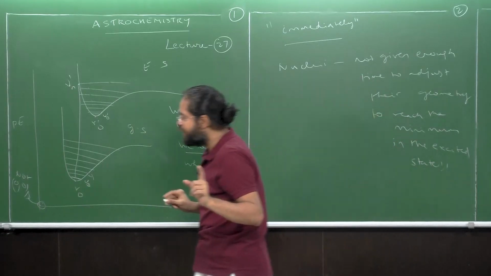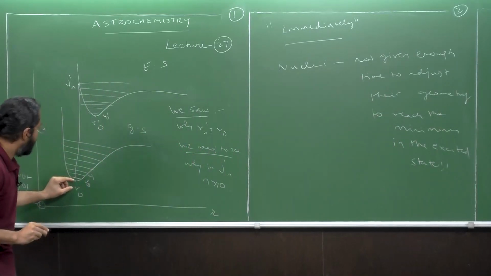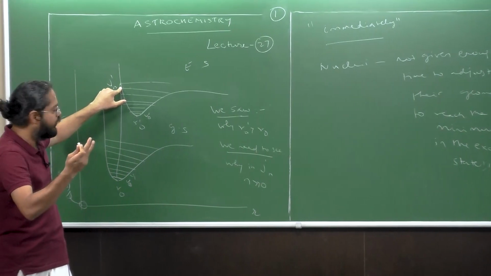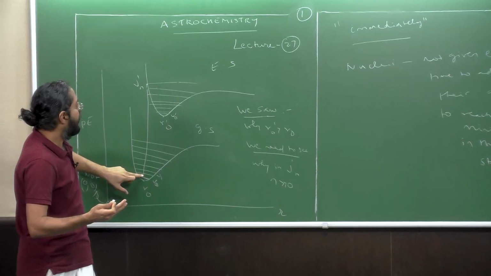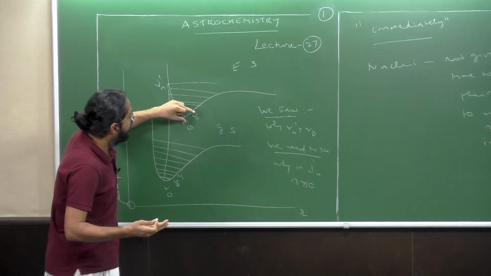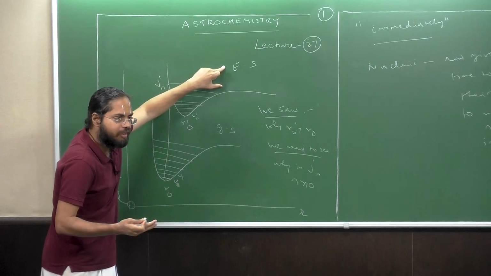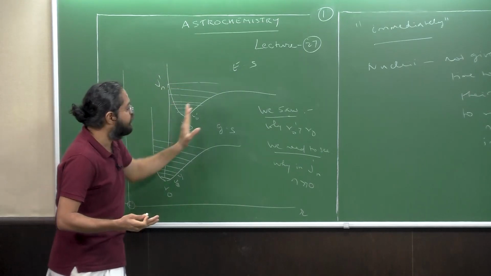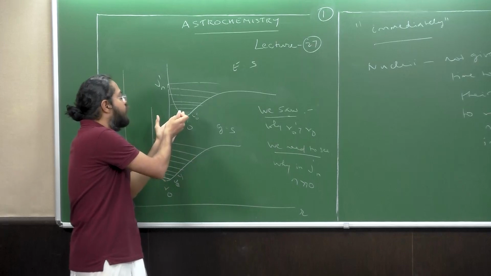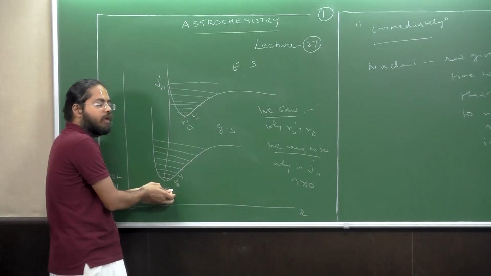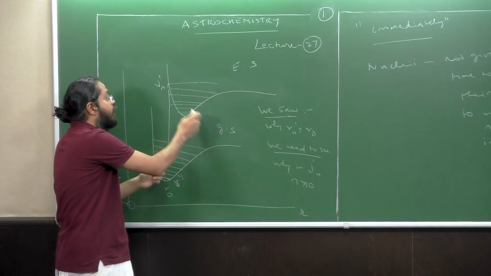Now, what do I mean by that? As soon as you excite the system, the internuclear distance corresponding to the ground vibrational state in the excited state geometry is greater than the equilibrium bond length for the ground state itself.